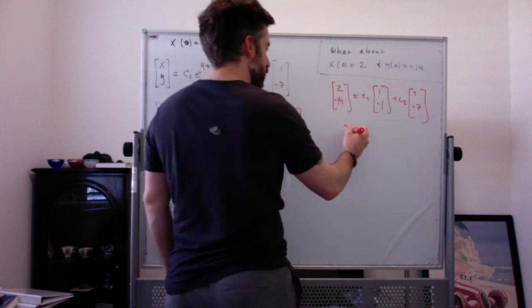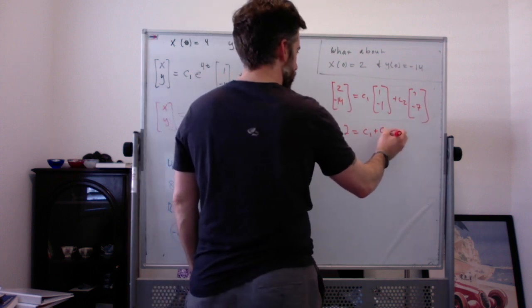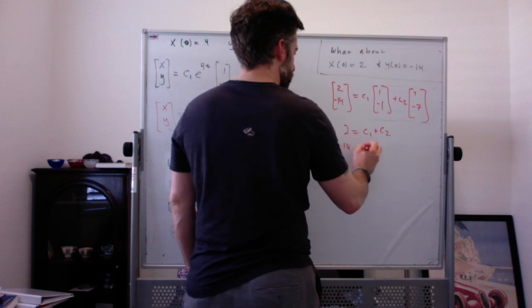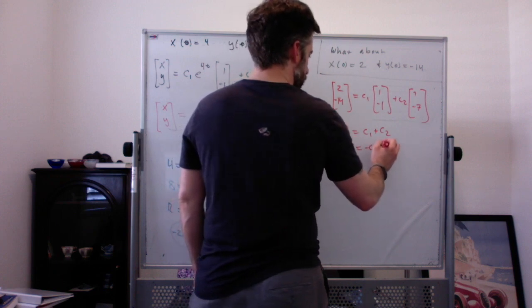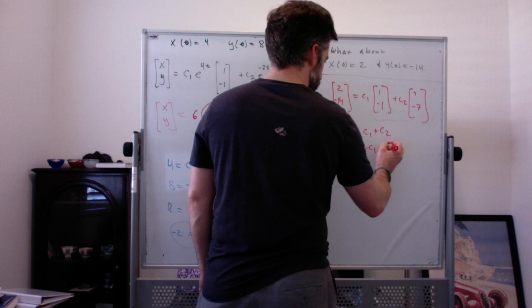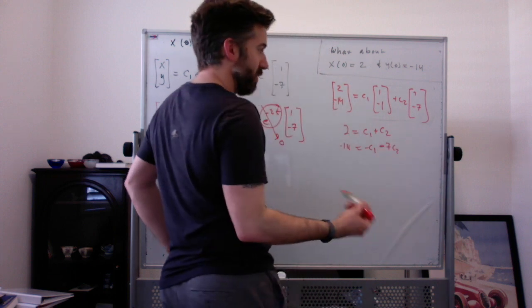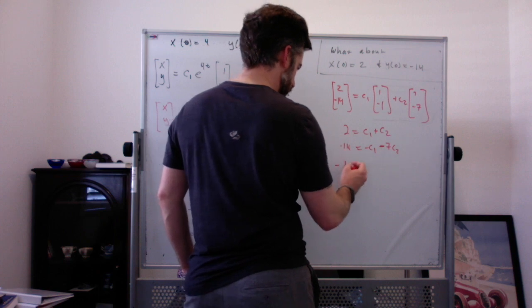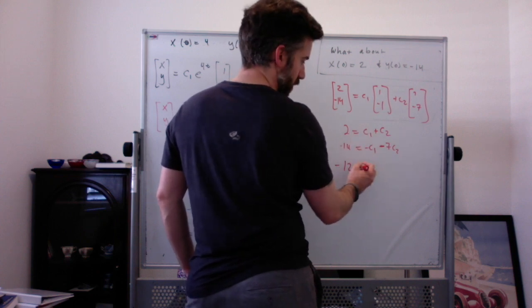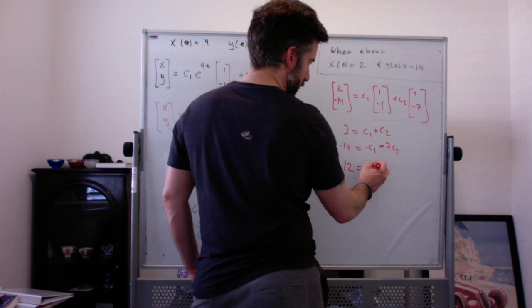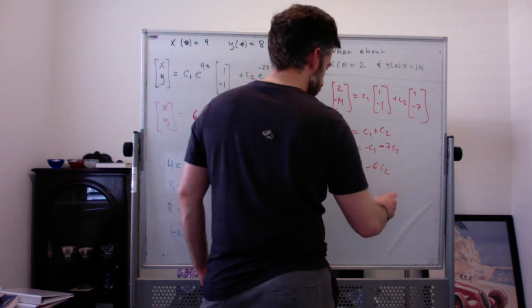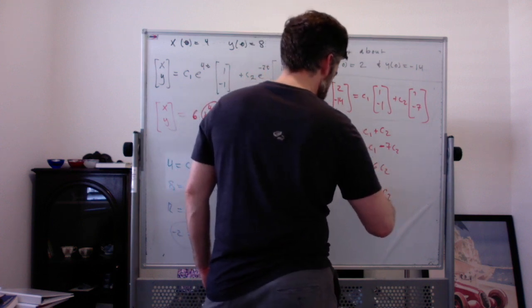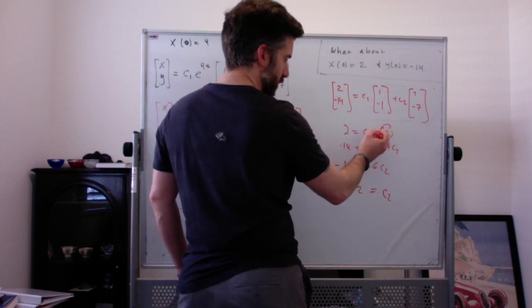So I get 2 equal to c1 plus c2, and negative 14 equal to negative c1 minus 7 c2. When I add these together, 2 plus negative 14 is negative 12, c1 plus negative c1 is 0, and c2 plus negative 7 c2 is negative 6 c2. So I get c2 equal to 2. If c2 is 2, c1 is 0.